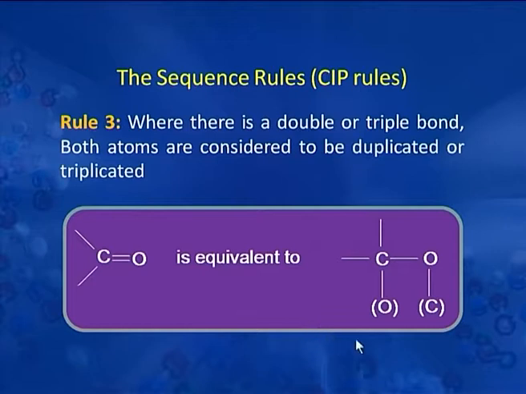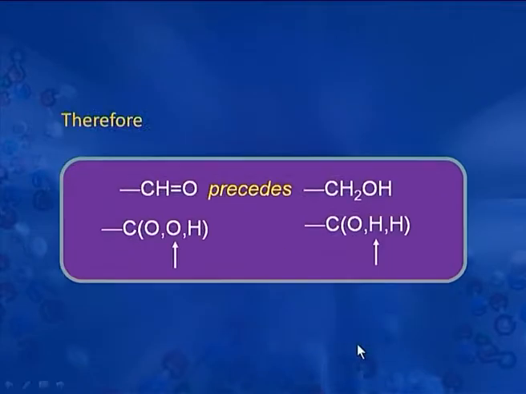And now we use this rule for assigning the priorities to the example which I have taken earlier. The CHO is considered as equivalent to now COOH, whereas CH2OH is COHH. Obviously, in this case we are having two oxygens, so this group gets the higher priority over this group.